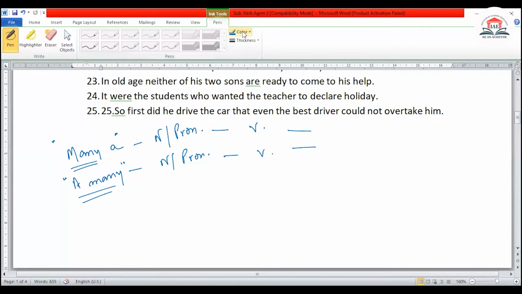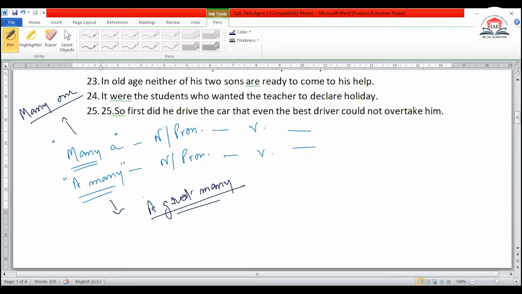But the thing is that, see, many a, this phrase has been derived from the longer one. Many a comes from a great many, right?